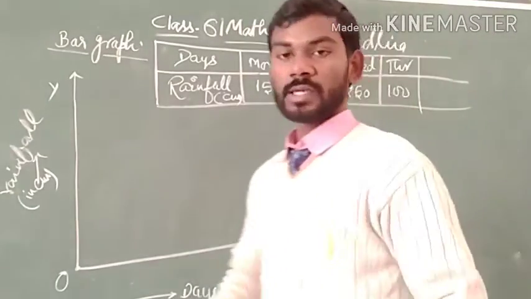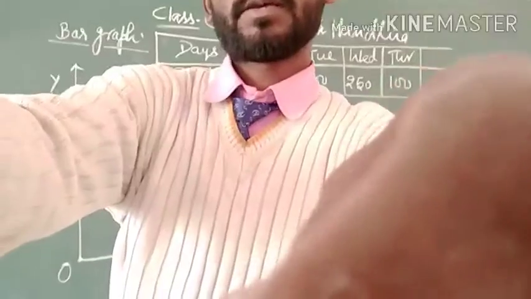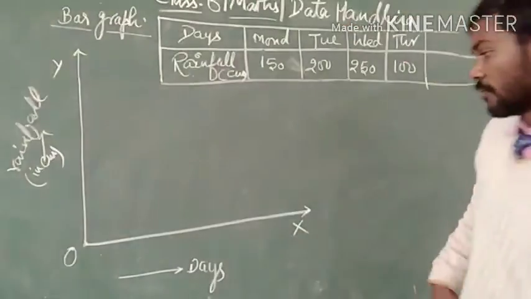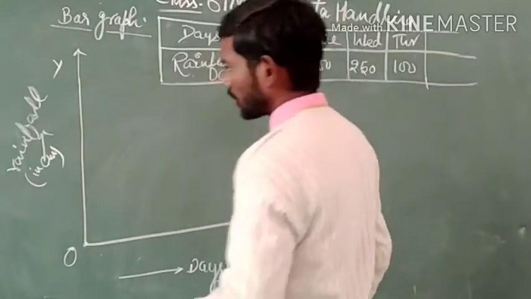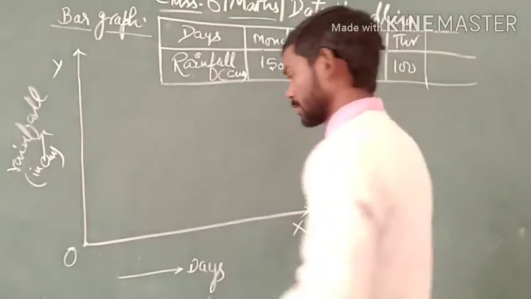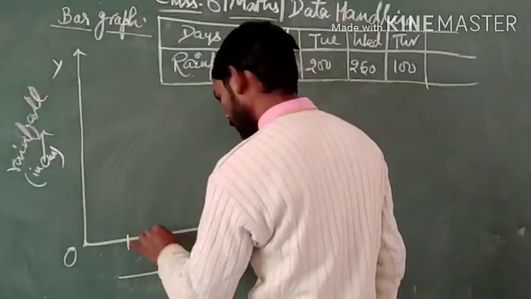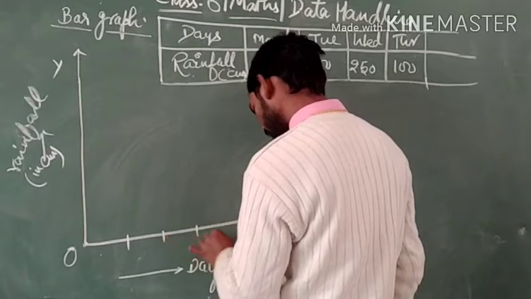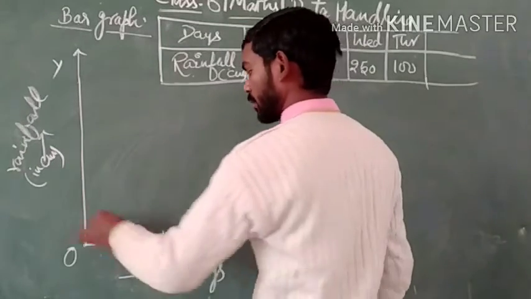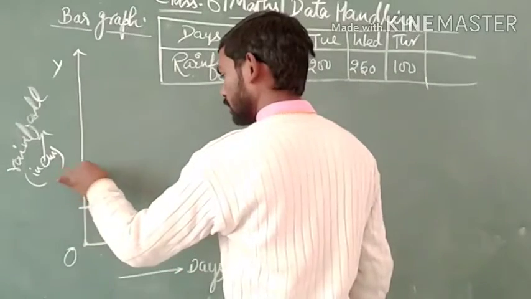Okay. So now let us see how we represent the data. First of all, we divide these horizontal and vertical line in equal parts. Similarly, divide the vertical line.